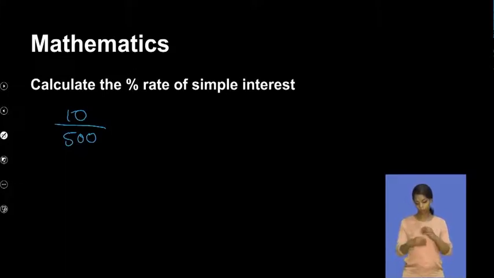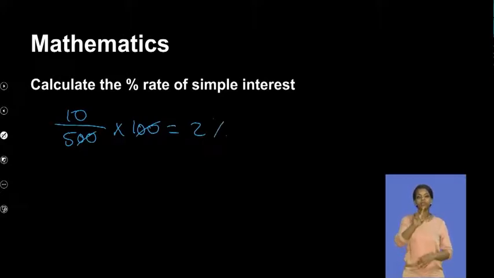So you need to know what the percentage of this is, which will then be equal to, so you know that those will go away, therefore I have 2%. So this in simple terms means that it's 2% of the original amount that the person is adding.